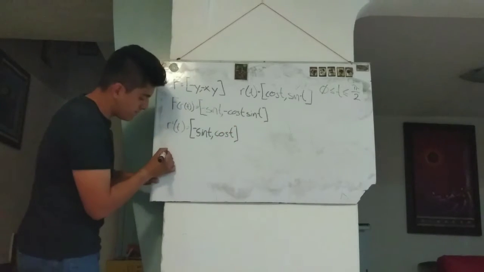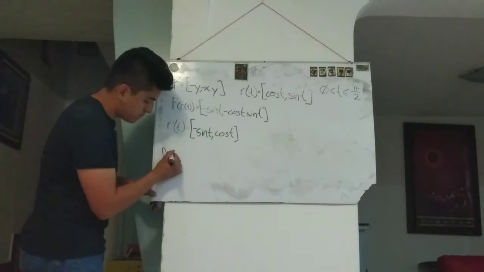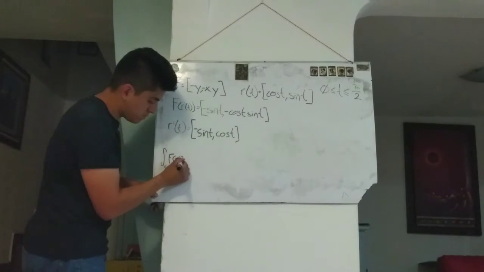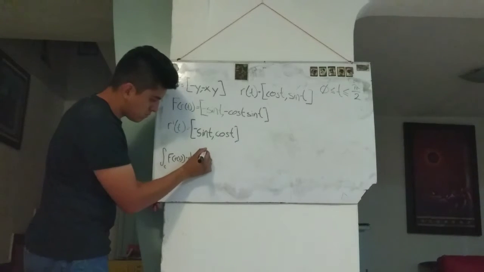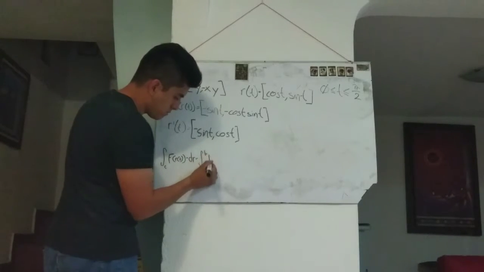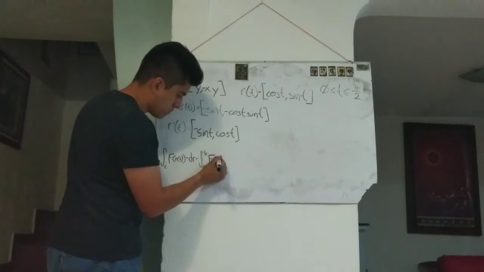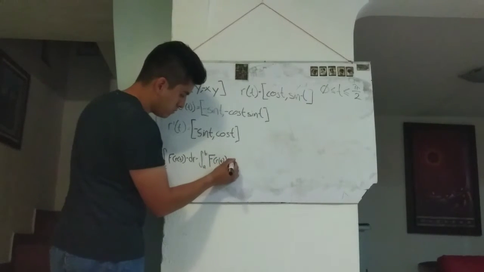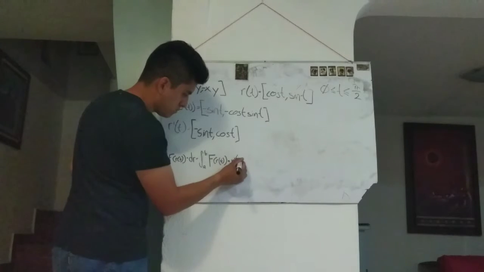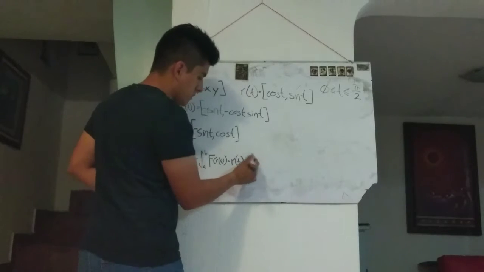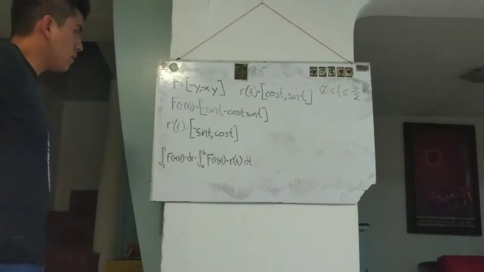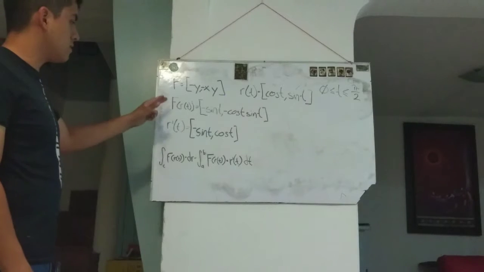And remember our formula. It's a dot product, so we have to take the dot product of this and this.